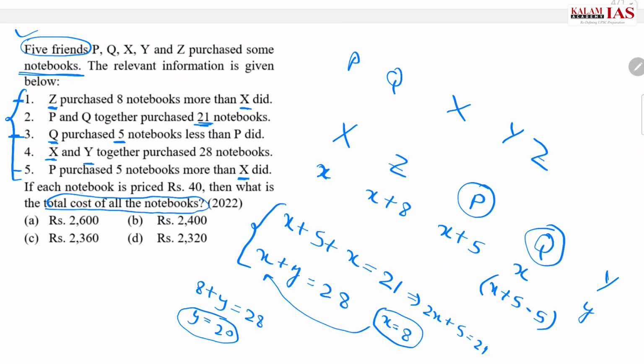Now they are asking, if each notebook is priced at rupees 40, then what is the total cost of all the notebooks? That means we have to find the total cost of all the notebooks bought by these 5 friends together.